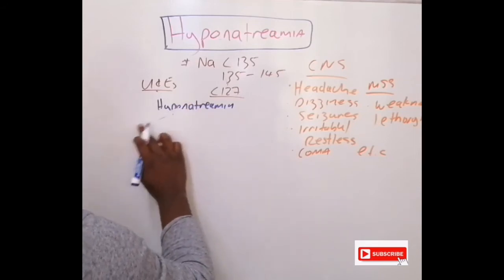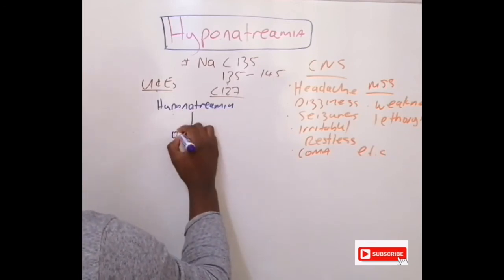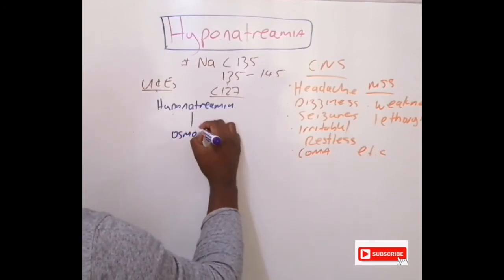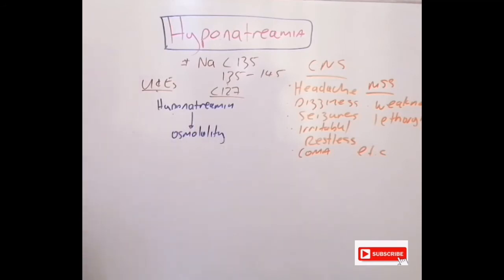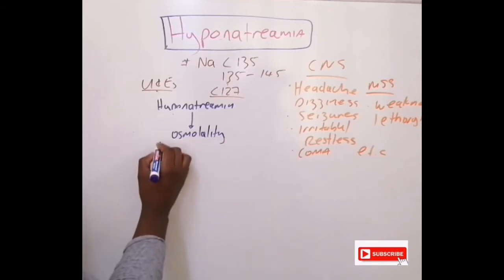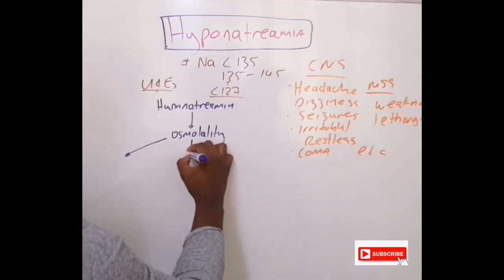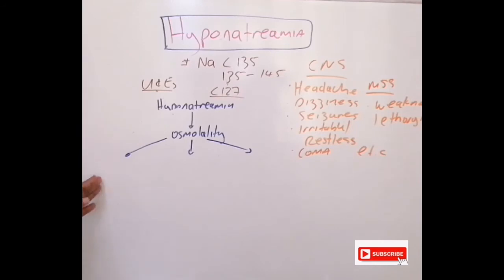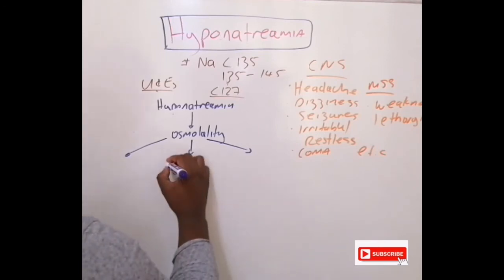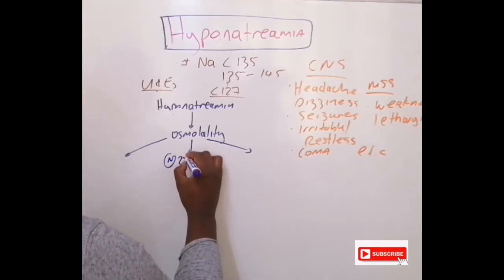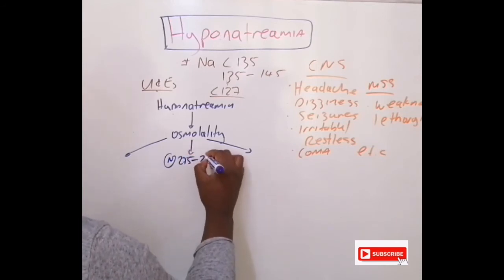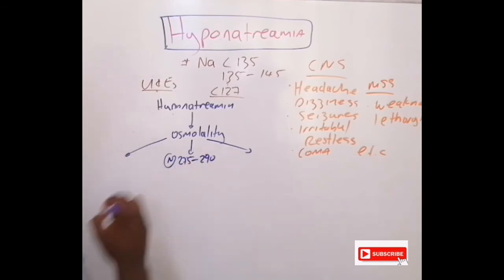So osmolality can be low, normal, or high. The normal range of osmolality is between 275 to 290 osmoles.